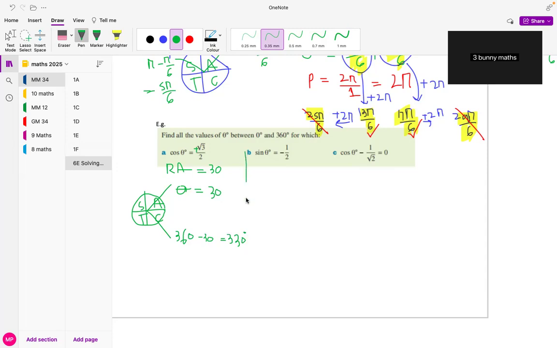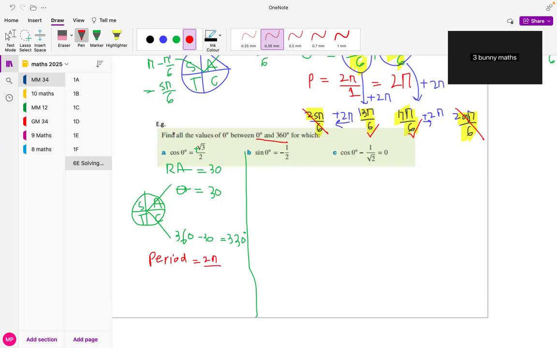All right, then I look at my domain and check if I should add a period or not. My domain is 360, which is quite tiny. I check the period: it is 2 pi over n for cos.